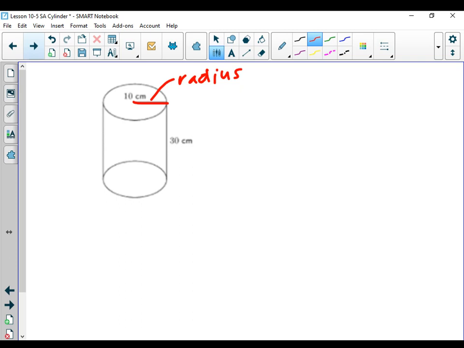So I'm picturing again, here's my cylinder, but if I flatten out the sides, now I have a rectangle. So somewhere nearby, I'm going to need a rectangle.